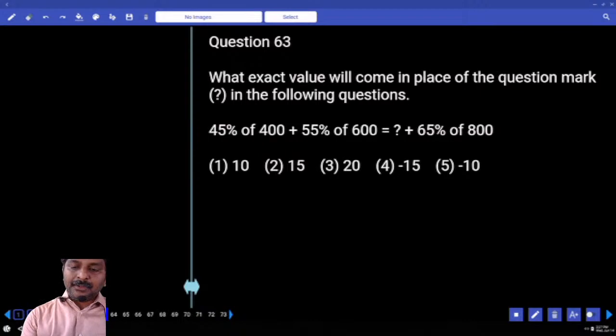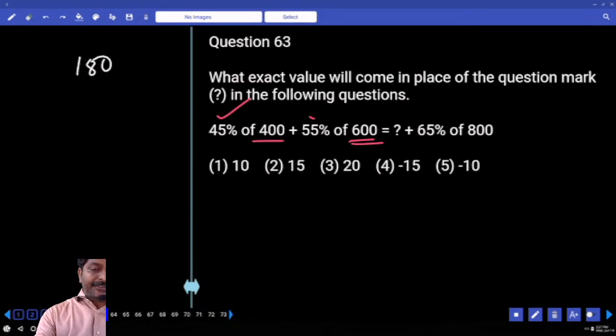What is 1%? 4. 45, 4 times. Double, double. 180. What is 1%? 55, 6 times, right? Double, triple. 55 double, 110 triple. 3.